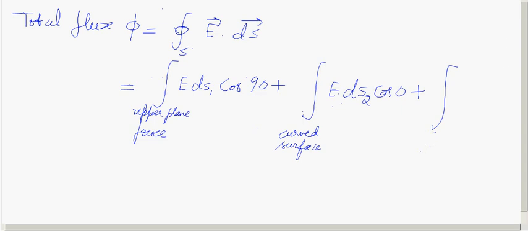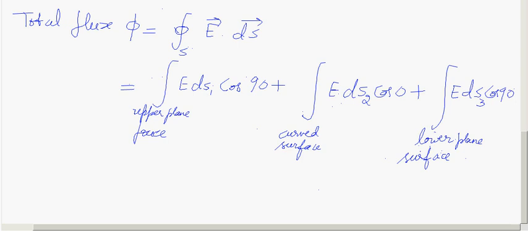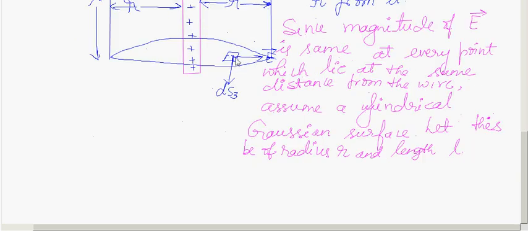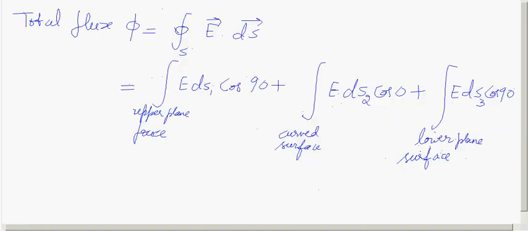There are three surfaces for a cylinder. The lower plane surface is E into ds3 and the angle is again cos 90. You can refer back to the picture, so you will know why cos 90, cos 0, and so this angle is 90, and if you consider this curved surface, the angle between E and ds is 0.